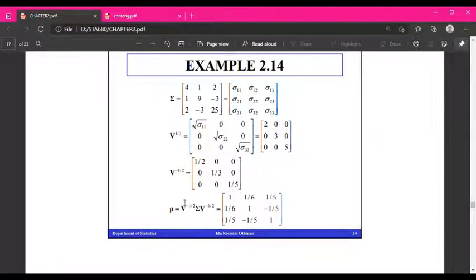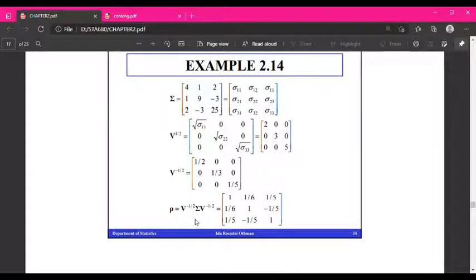Okay, so kita boleh multiply the variance covariance matrix, multiply this from matrix of inverse of the standard deviation matrix.